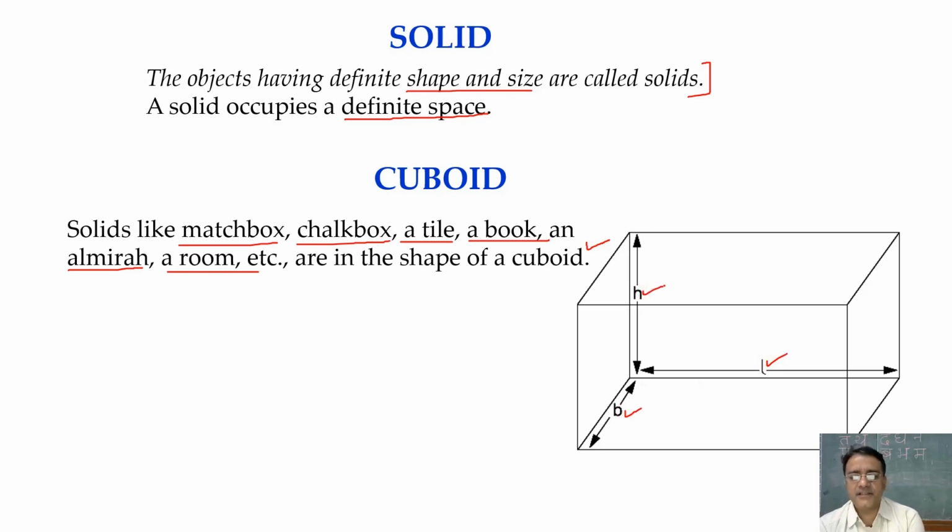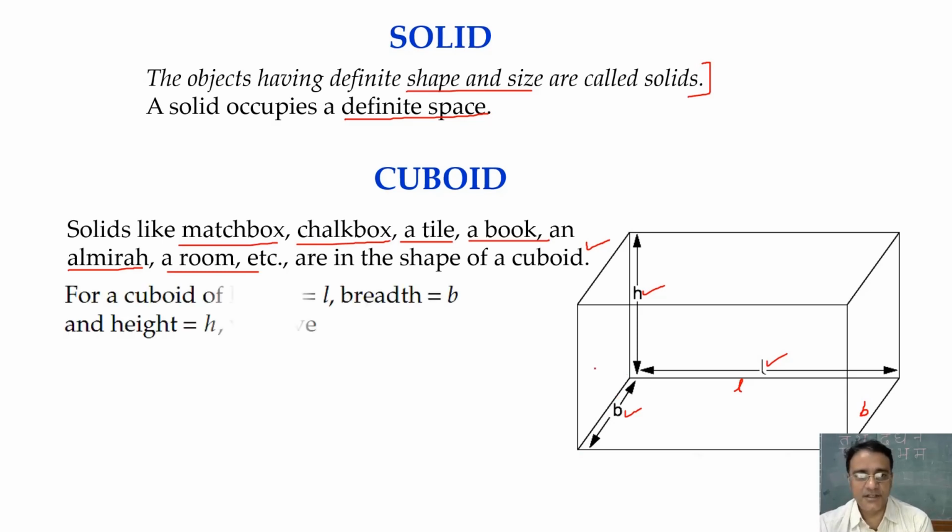And the formula of lateral surface area is perimeter into height. I repeat, perimeter into height. So what is the perimeter of the base? This is l and this is b. This is a rectangular shape, so the perimeter is 2l plus 2b, that is 2 into (l plus b), and into height.